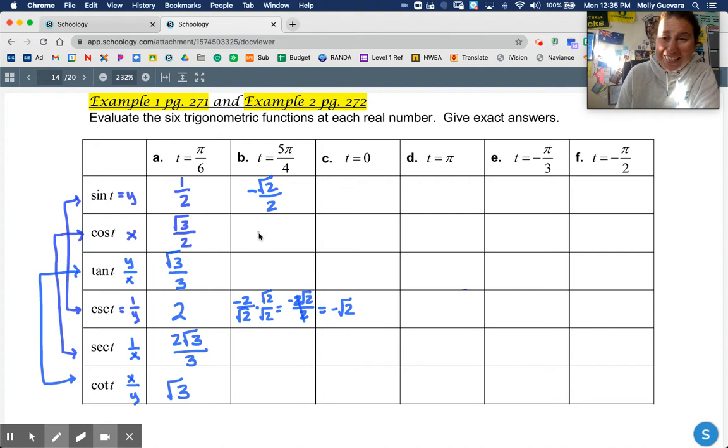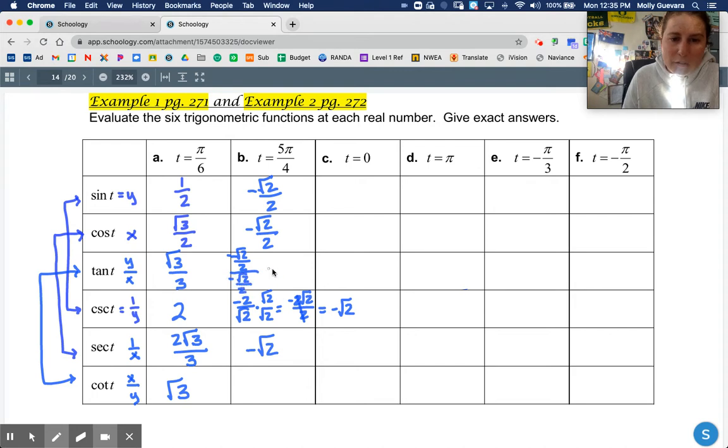Now the cosine is the x value, which is also negative root 2 over 2. So lucky for us, for the secant, I can automatically say that the reciprocal is just going to be negative root 2. Now the tangent is y over x, so I have negative root 2 over 2 over negative root 2 over 2.